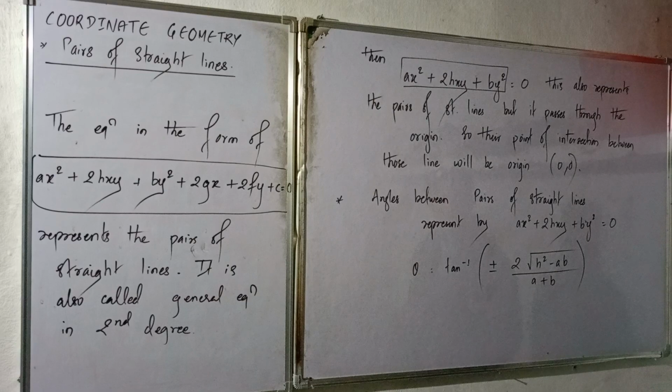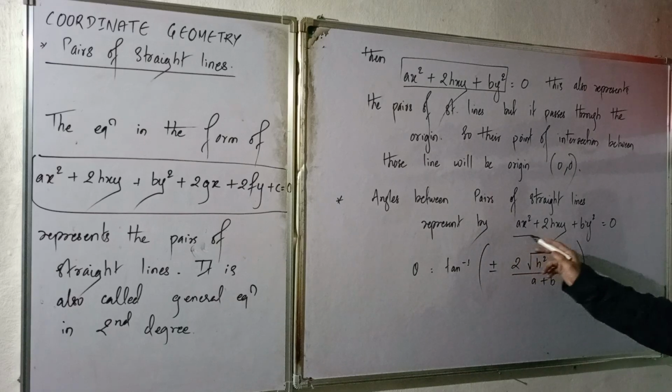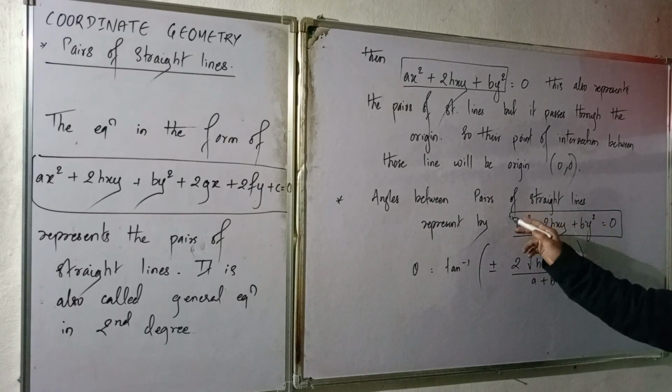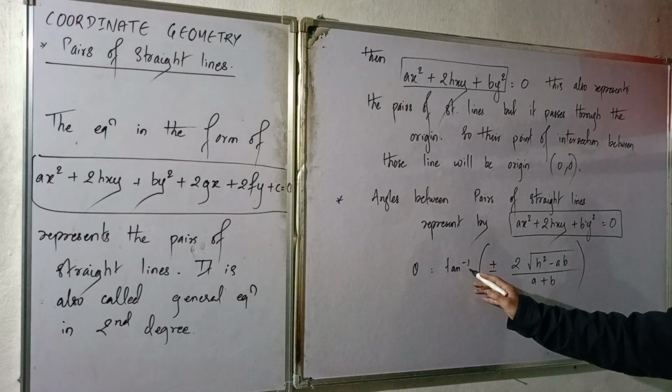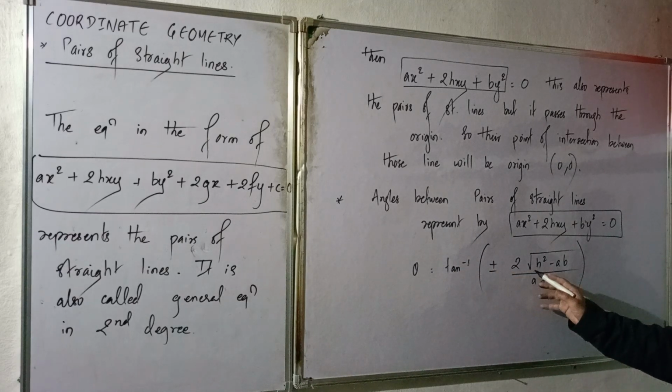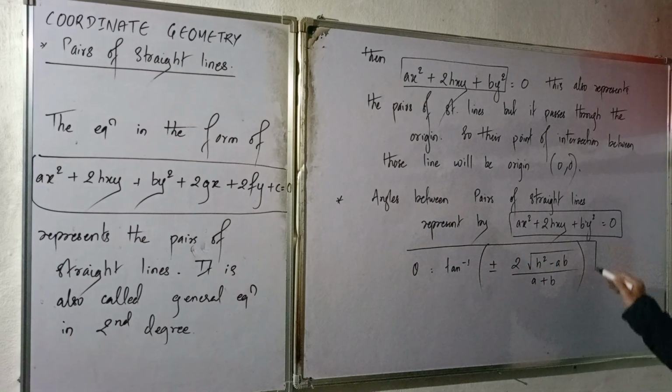If you want to find the angle between the pair of straight lines represented by this, use the formula theta equals tan inverse of plus minus 2 times the square root of h squared minus ab divided by a plus b.